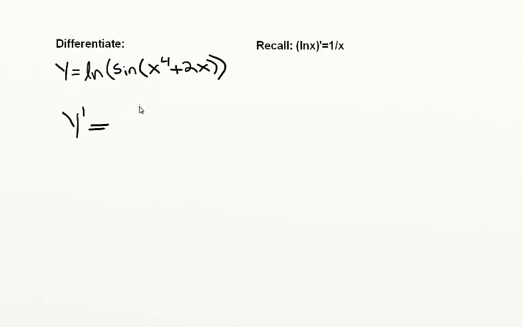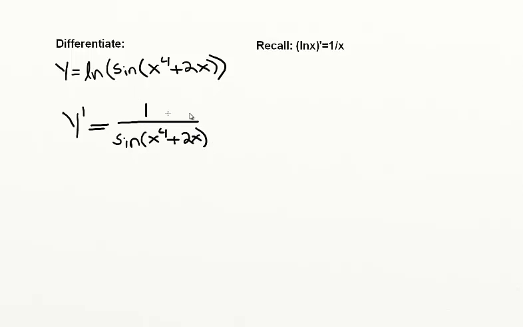Then we're going to apply the chain rule in order to differentiate the entire function. So our natural log, when we take the derivative, becomes 1 over all the stuff that was inside, which in this case is the sine of x to the fourth plus 2x. So all of that stays under that 1.